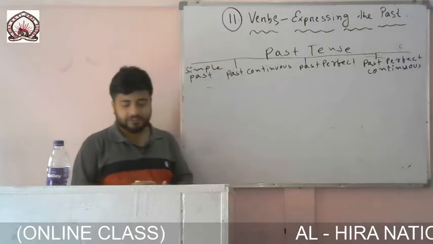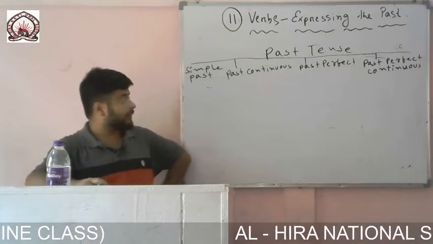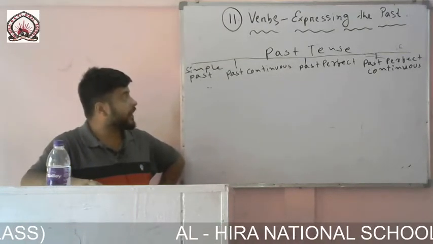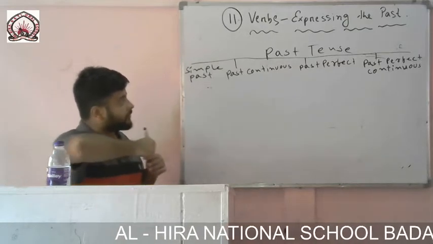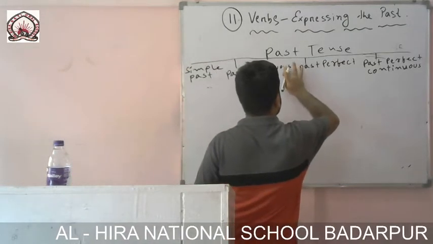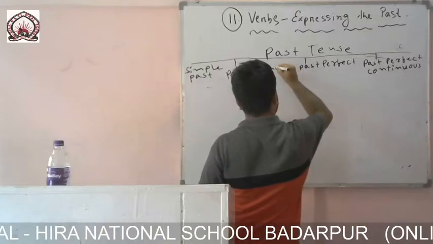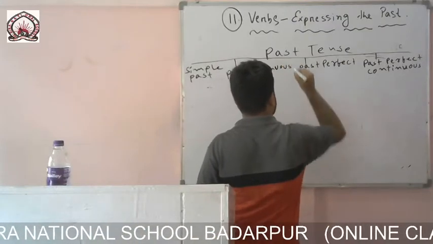So past tense is of four types, that is simple past, past continuous, past perfect and past perfect continuous.